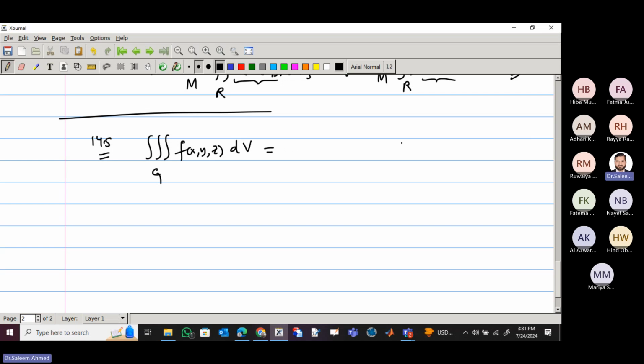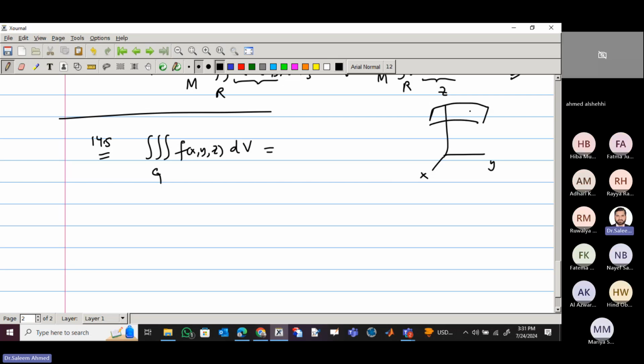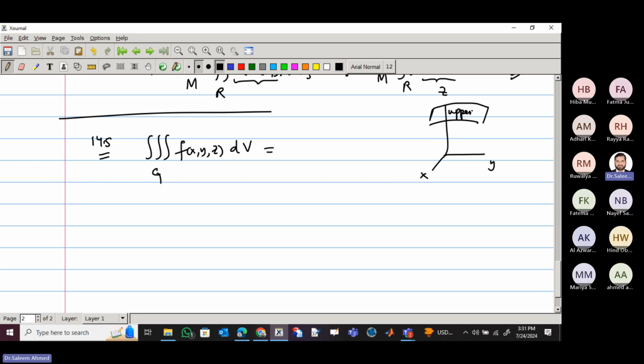How we do it, we see that in xyz space, what is my upper surface, which is z equal to, let's say, g2(x, y). Then there is a lower surface, the bottom one, that is equal to g1(x, y). So see, your z is a vertical one. Z starts from the lower surface to the upper surface, right?